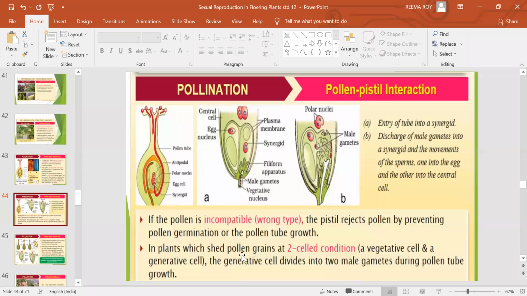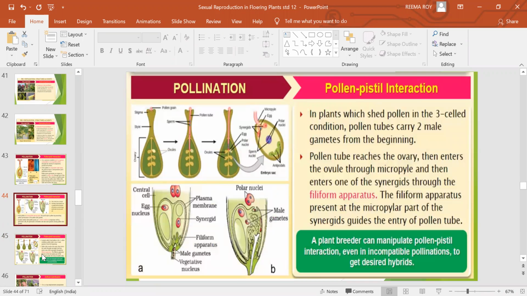In plants which shed pollen grains at two-celled condition, two-celled में एक is vegetative and other is generative. And the generative cell divides into two male gametes during pollen tube growth. Okay. And in plants which shed pollen at three-celled condition, pollen tubes carry two male gametes from the beginning.